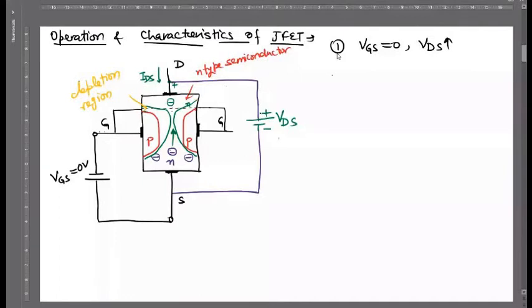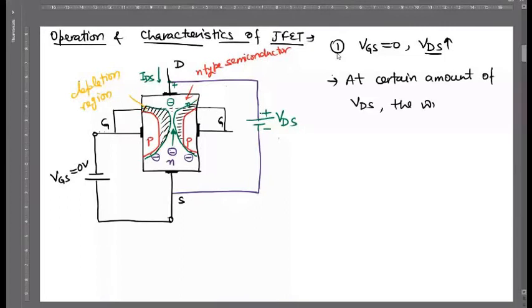Electrons are being attracted towards the drain from the source, but simultaneously the depletion region width is increasing. And what will happen at a certain amount of VDS?